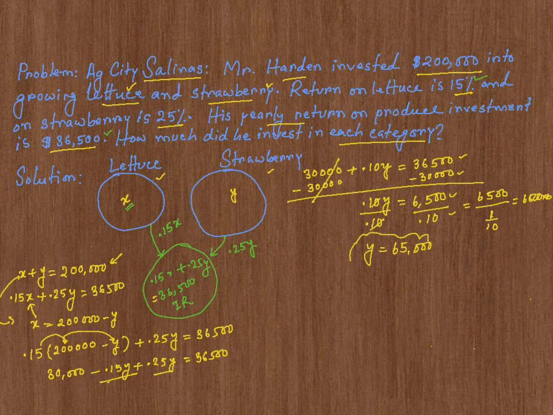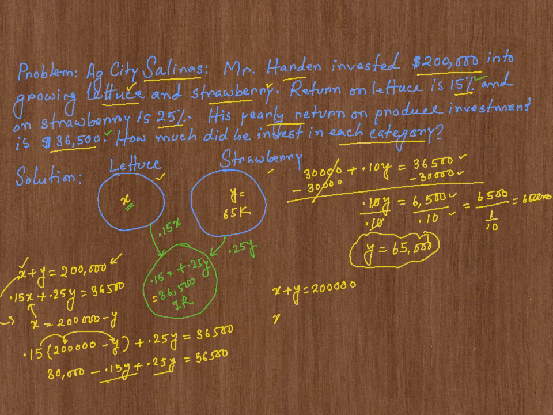So the investment in strawberry was 65,000. So Y is equal to 65,000, or 65K.